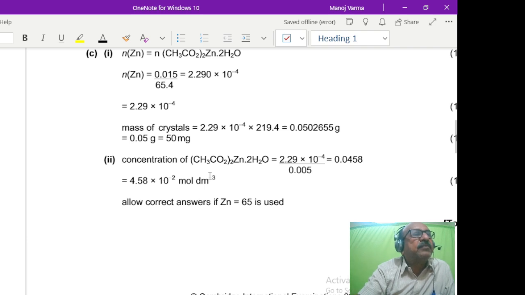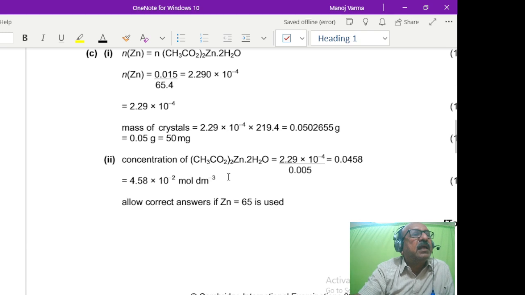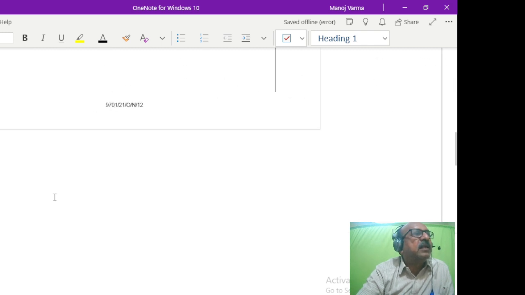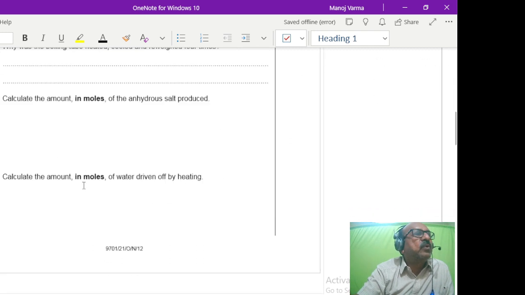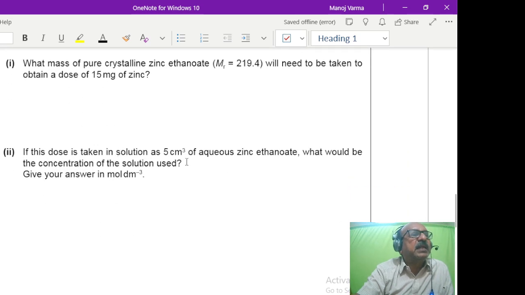See, this is the amount of zinc ethanoate which you got over here, 2.29, and then you have to see how much water he is asking you to add. He's saying that you are going to take 5 centimeter cube.